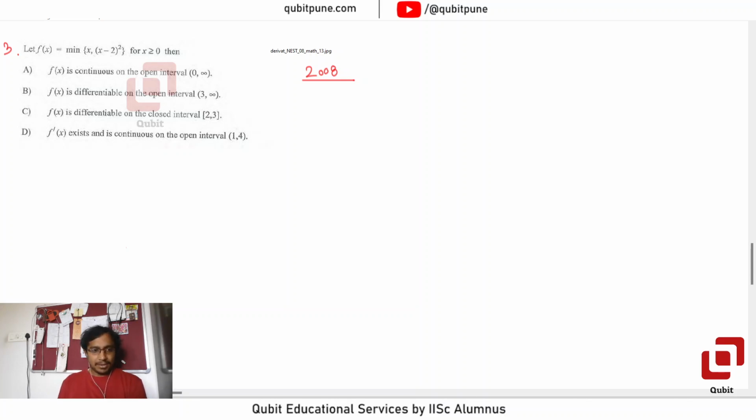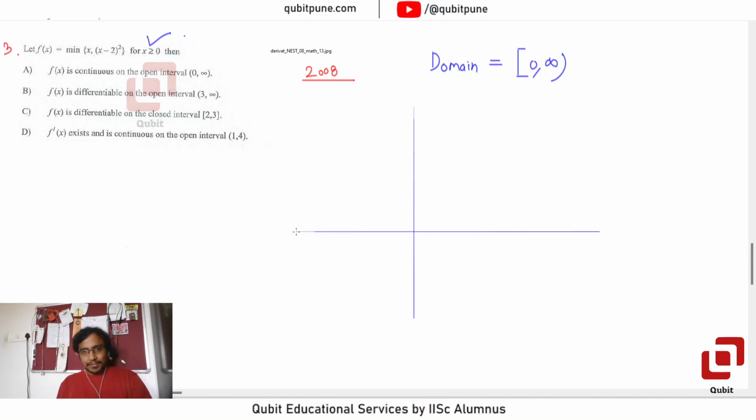Now look here. The domain of our function according to the problem is closed interval 0 to infinity. We also know that the graph of y equal to x will be making an angle of 45 degrees, but I will not draw it in the third quadrant because it is not required.